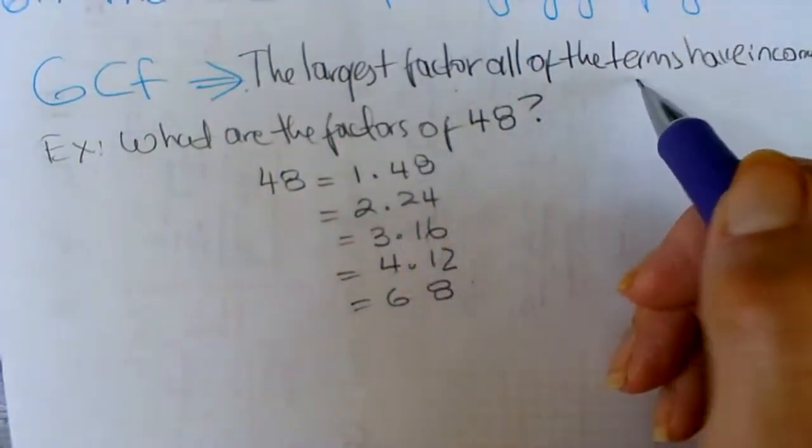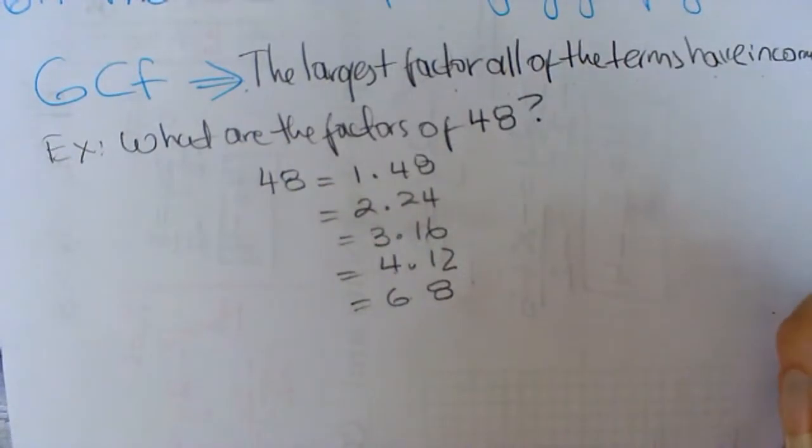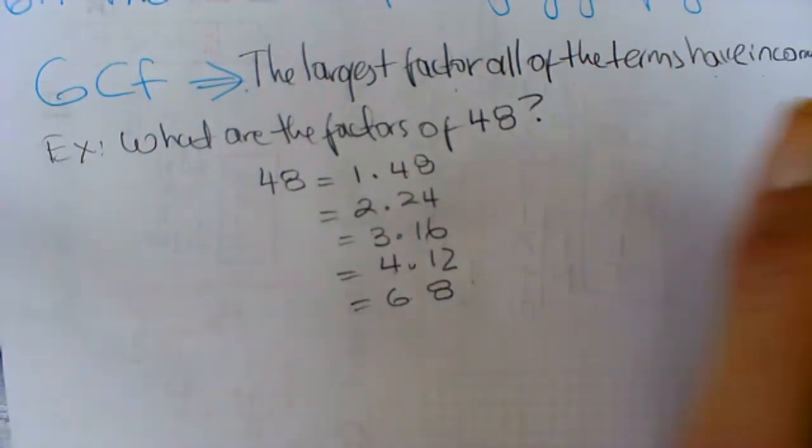That's the definition of the greatest common factor. So first we're going to do an example with monomials, and then we will factor polynomials, finding the greatest common factor.